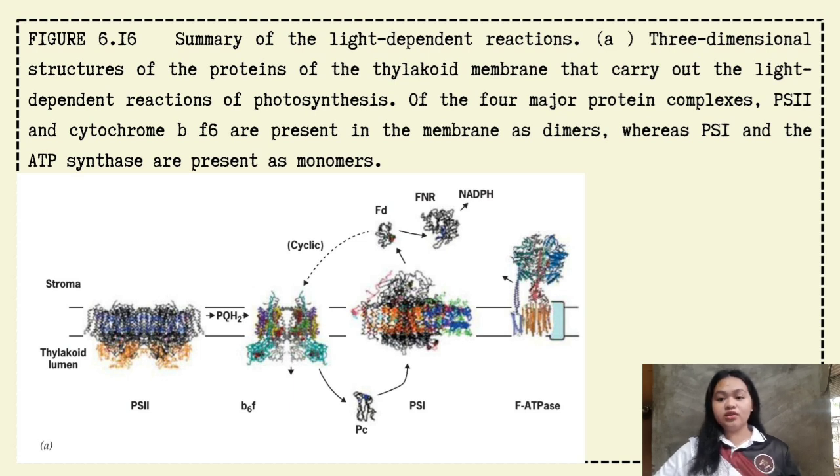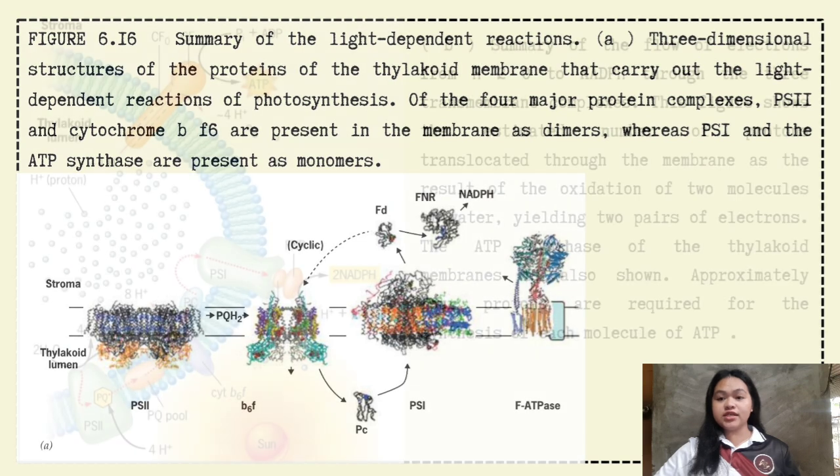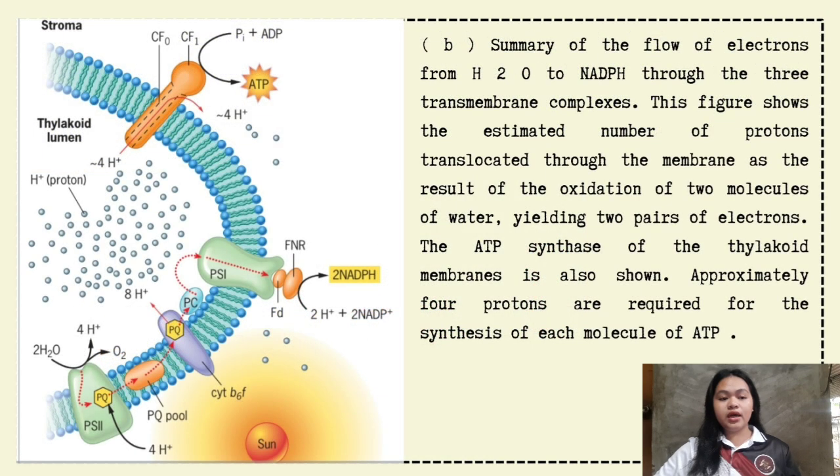And then to the second image under the figure 6.16 pa rin, makikita naman yung summary of the flow of electrons from the water to NADPH, which is yun yung diniscuss ko kanina, that the process of the photosystem 2 to photosystem 1. Then, through the 3 transmembrane complexes.